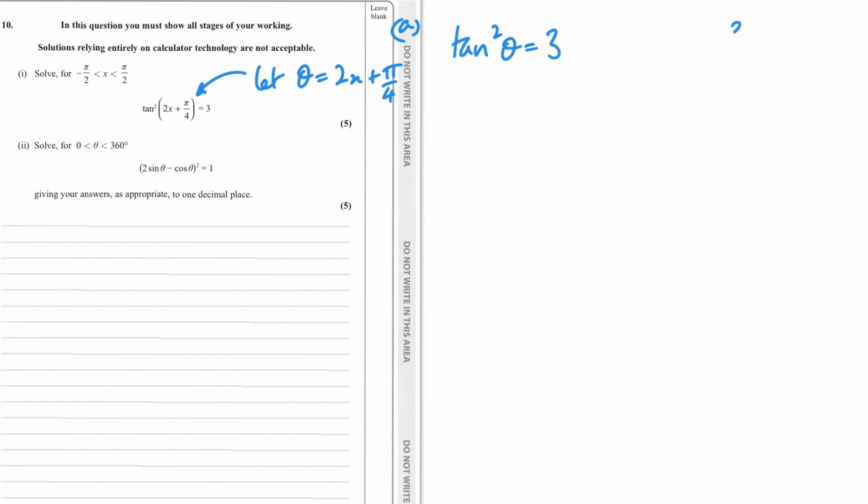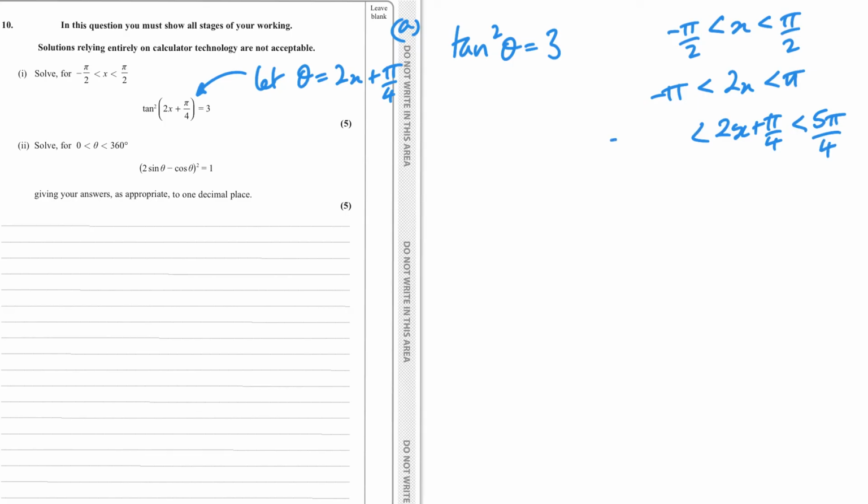And if I think about my range, which is currently between pi by 2 and negative pi by 2, 2x would be between pi and negative pi, and 2x plus pi by 4 would be between 5 pi by 4 and minus 3 pi by 4. And that is my range for theta.